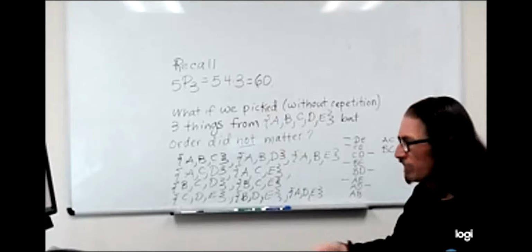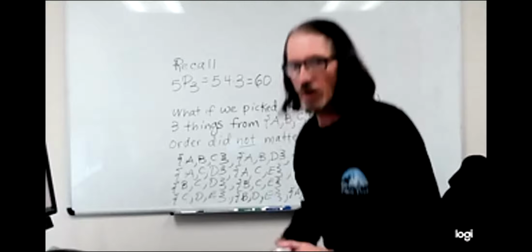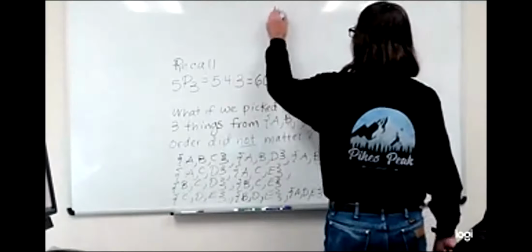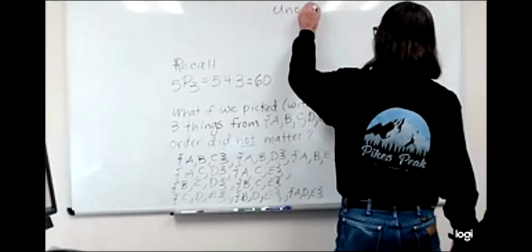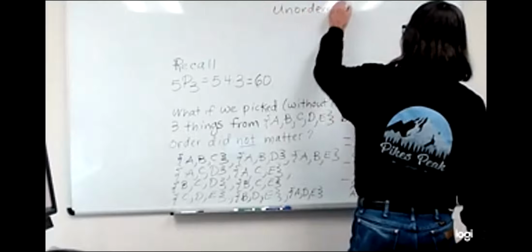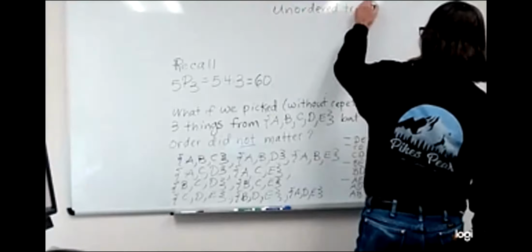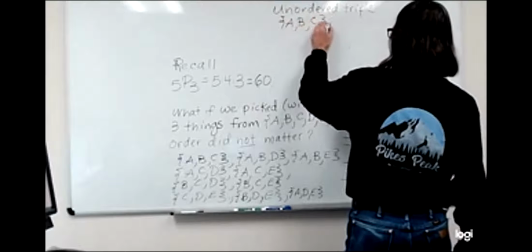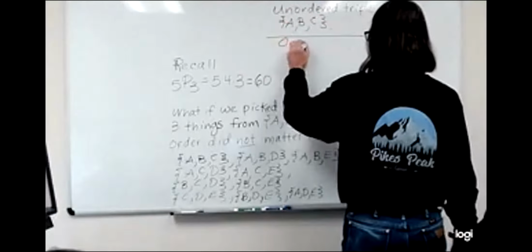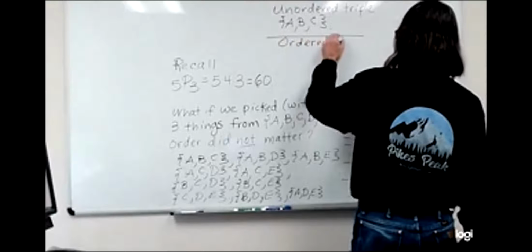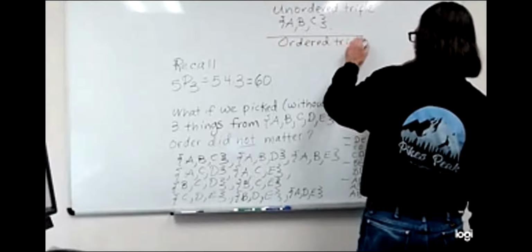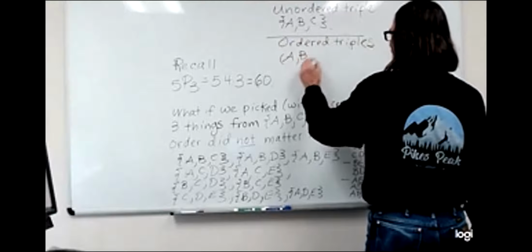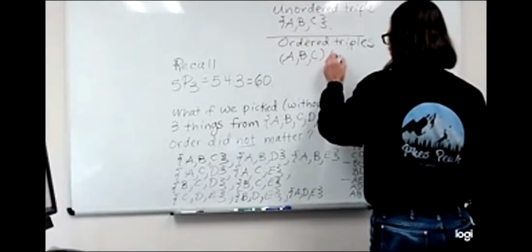Furthermore, I'm not going to write all of these, but if I were to take that unordered triple ABC and put them into order, we're going to get 6 ways that that one can be put in order.